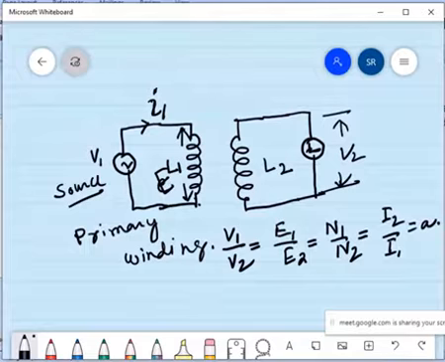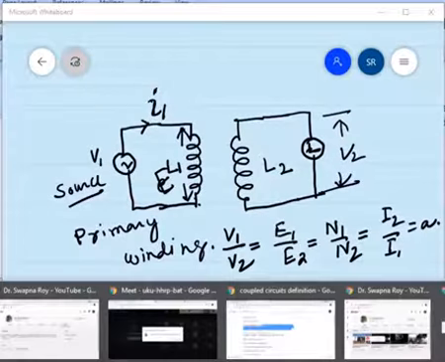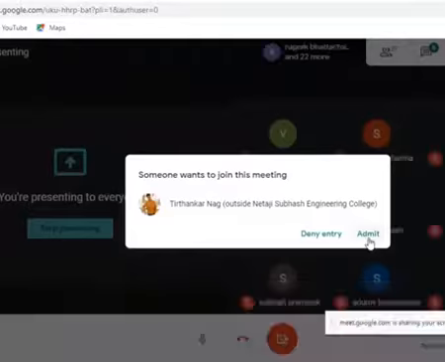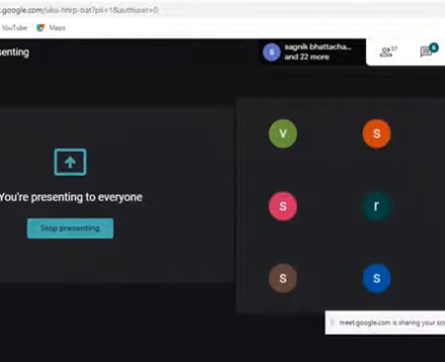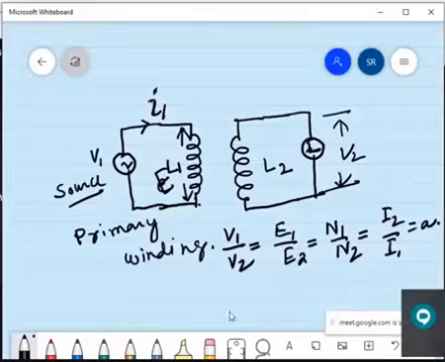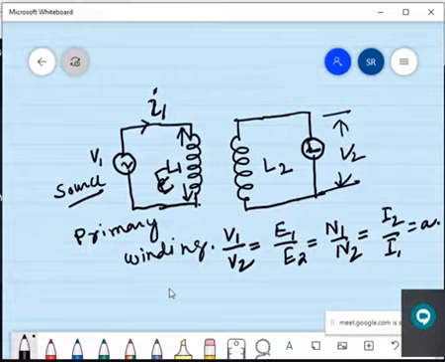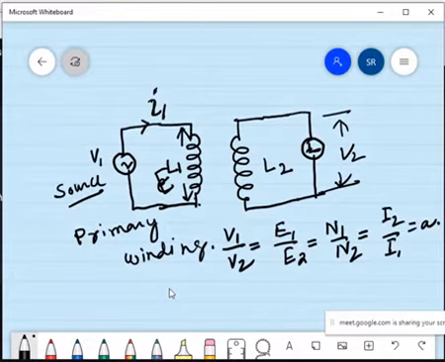So in a transformer, there is no electrical connection between the primary and secondary. What happens? As current starts flowing in the primary, the flux links the secondary winding.